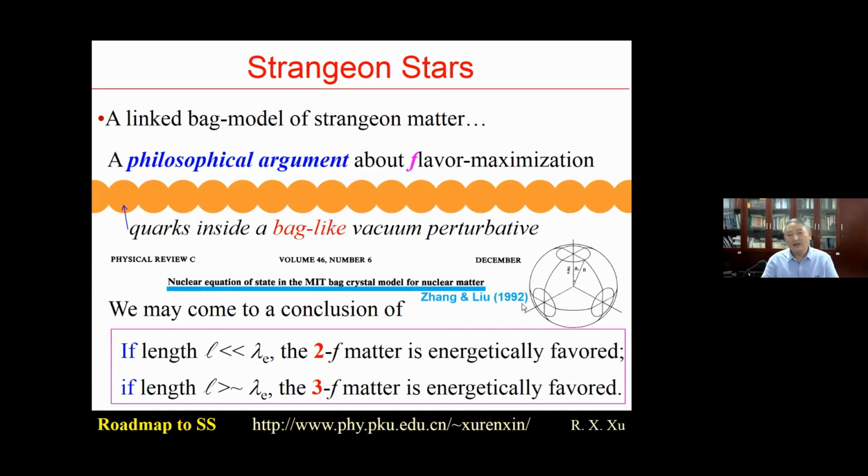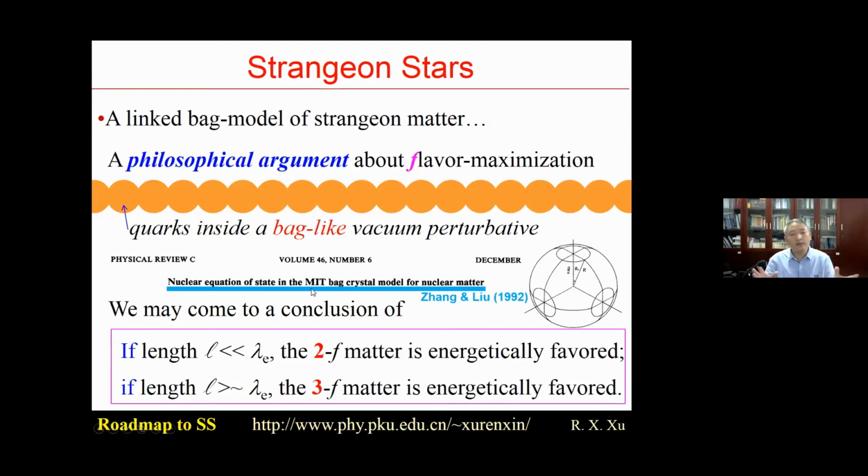But in 1992, he published a paper on the so-called MIT bag crystal model for nuclear matter. This model is not so easy to calculate, but Professor Zhang did this.